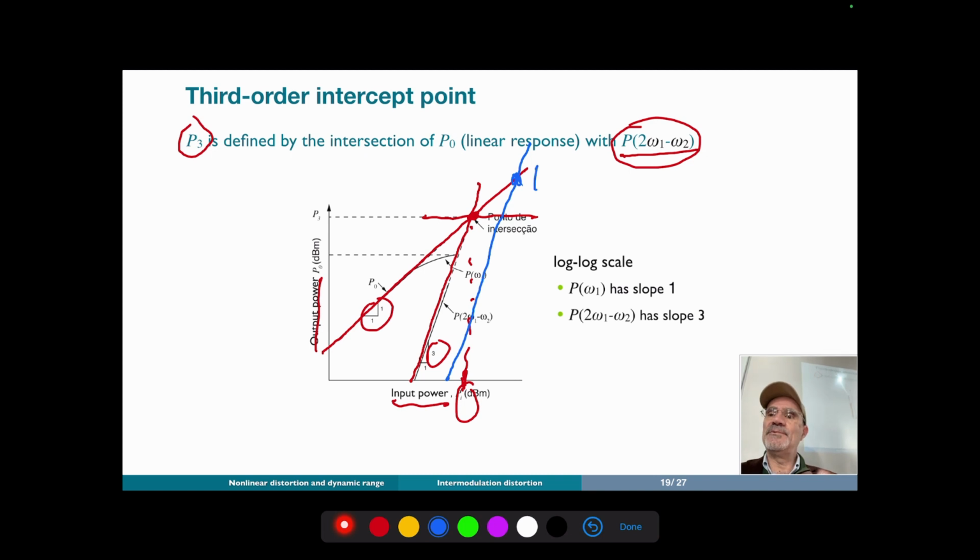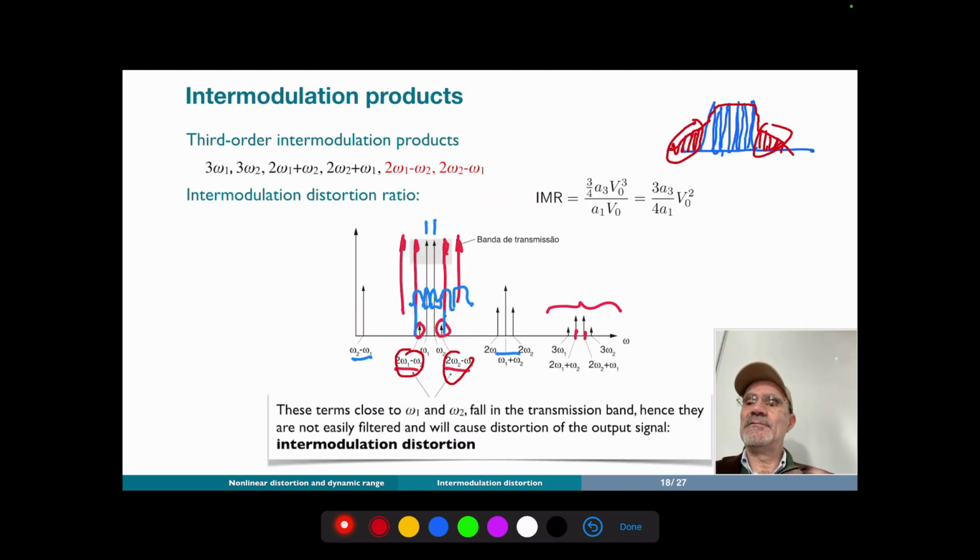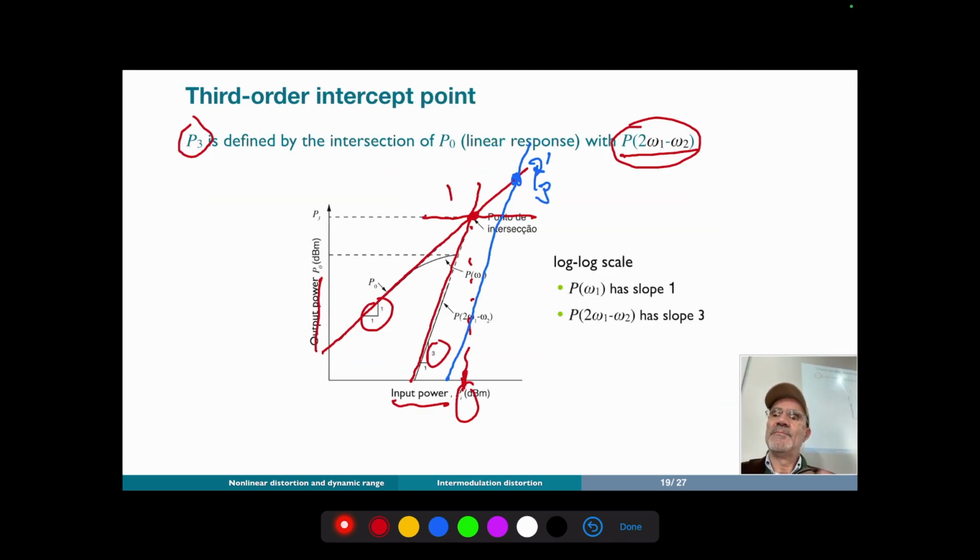So this one will be P3 dash, and this one is just P3. And so in this case, P3 dash is higher than P3.